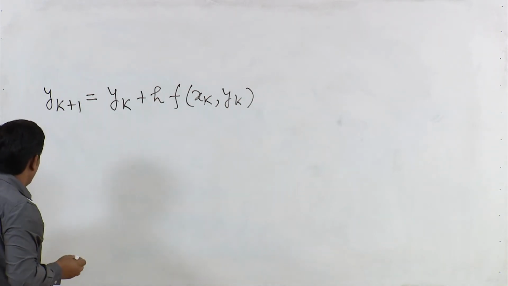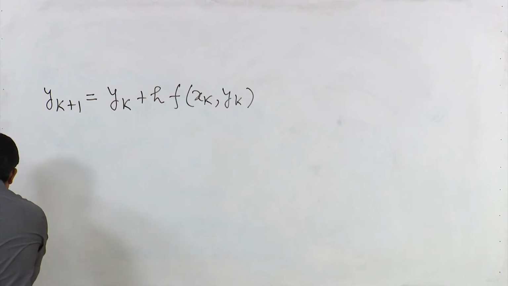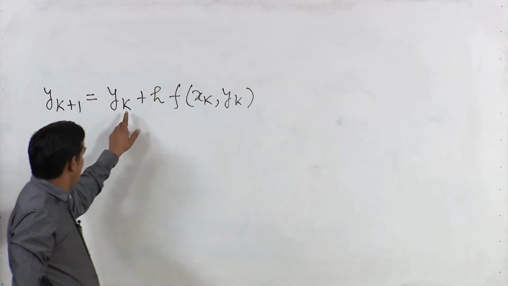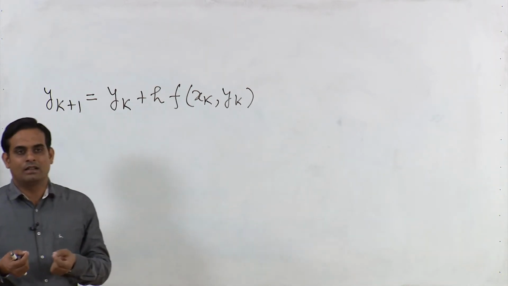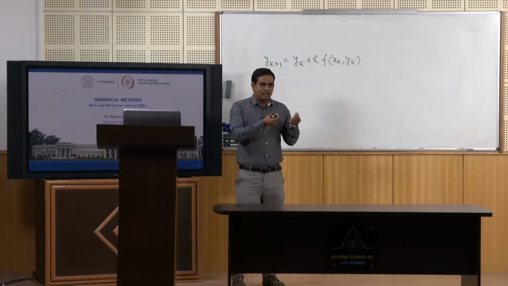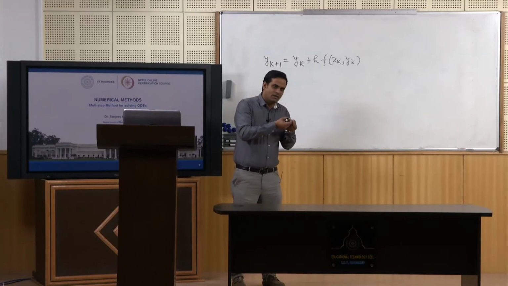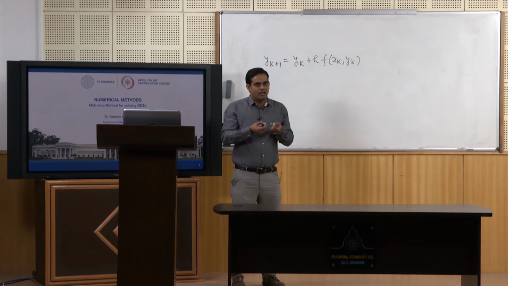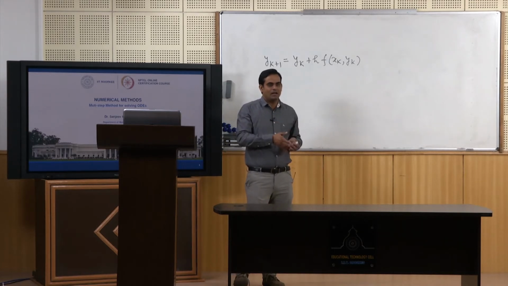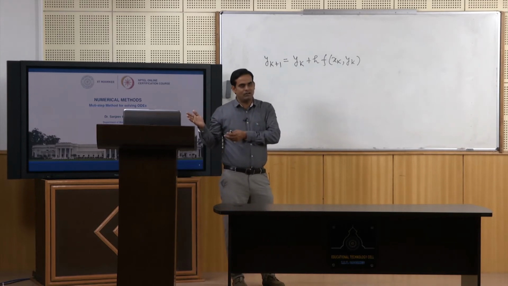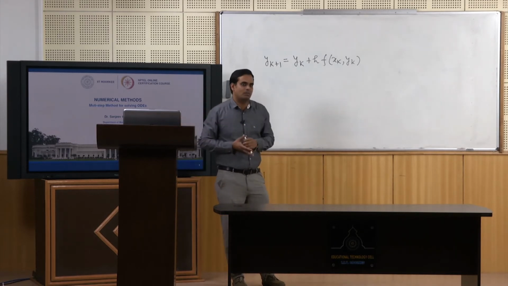So here we are assuming that at x equals xk the value of y is yk, and these two values are known to us, and from these two values we are moving to the next value of y at the next point, that is yk plus 1.